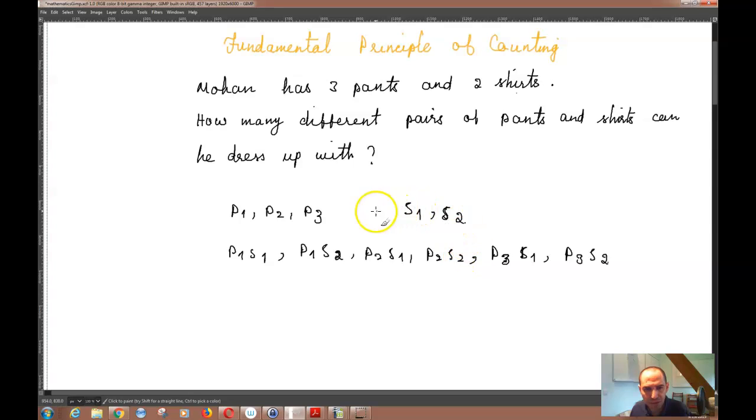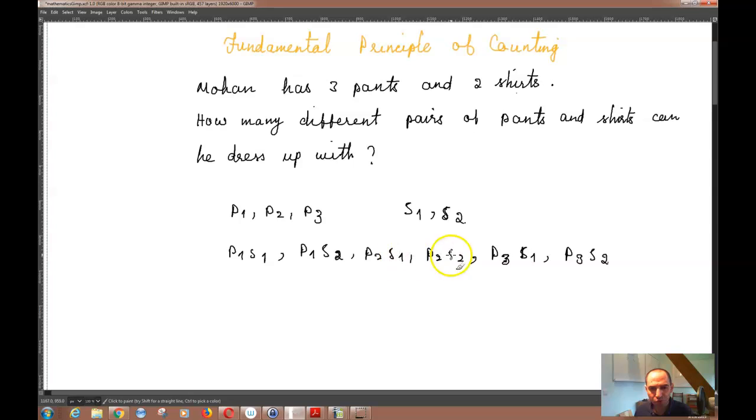And so it seems that we will get six different pairs of pants and shirts.